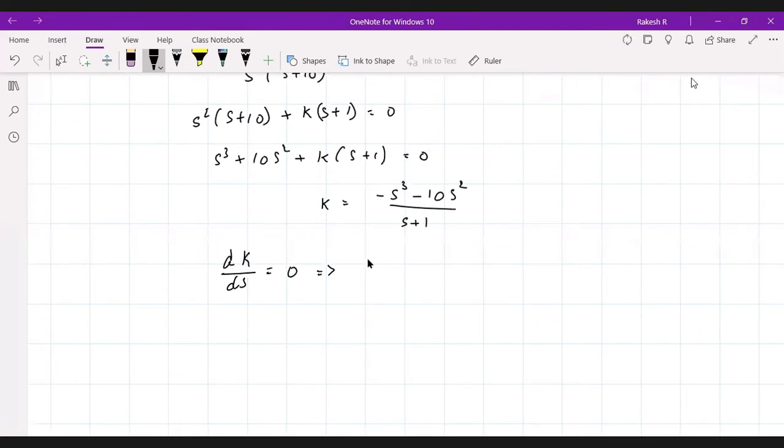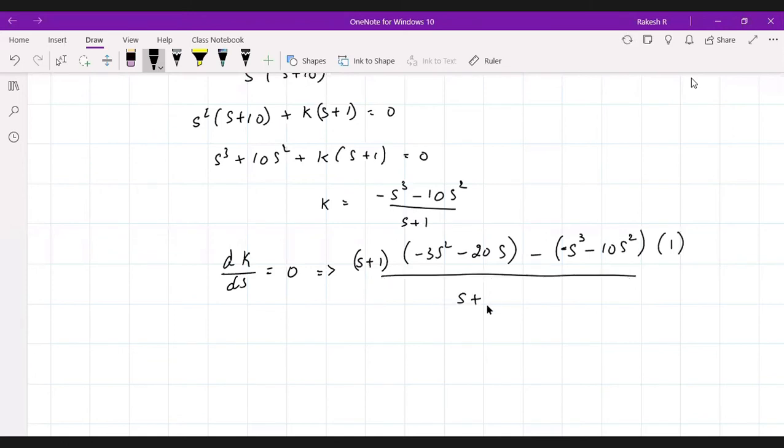So when I differentiate this, numerator by denominator: denominator into differentiation of numerator, that is (s plus 1) into (minus 3s square minus 20s), minus numerator into differentiation of denominator, that is minus (s cube plus 10s square) into 1, whole divided by denominator square, that is (s plus 1) whole square.